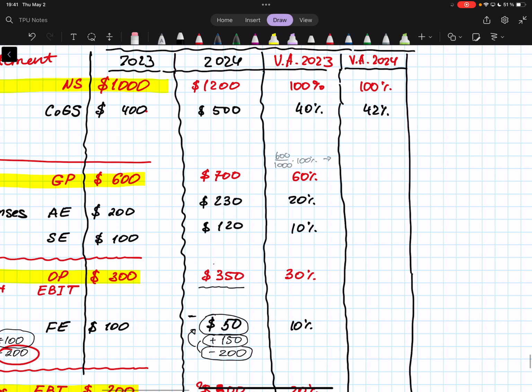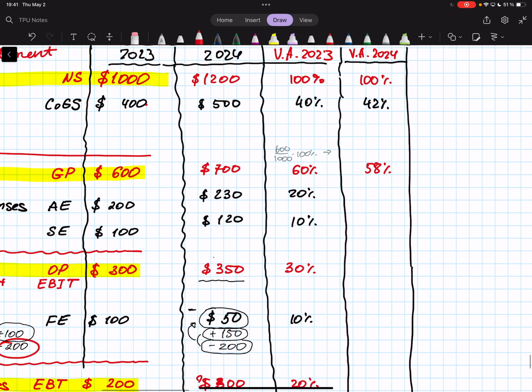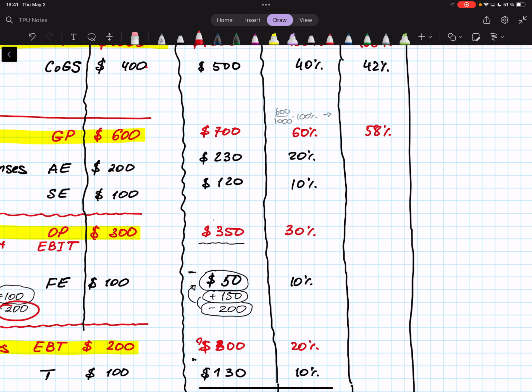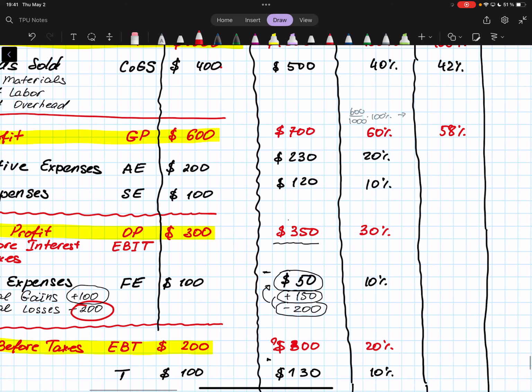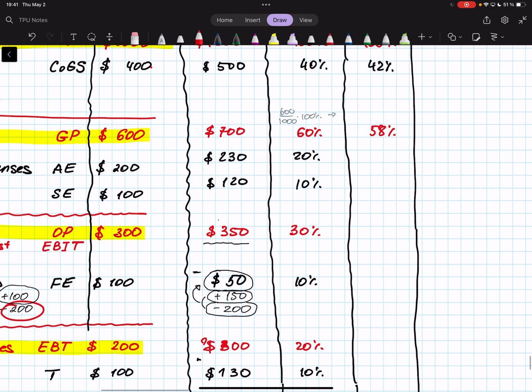What about gross profit? It will be 58%. Now, what will be our administrative expenses? 19%.